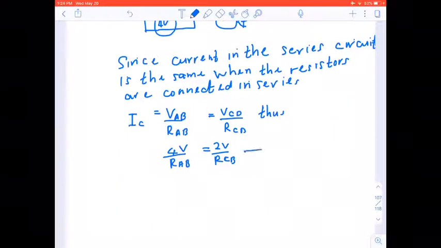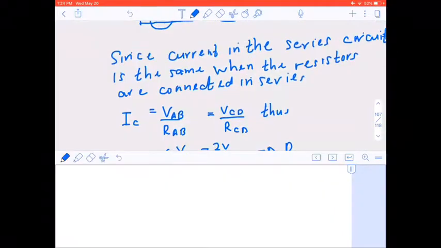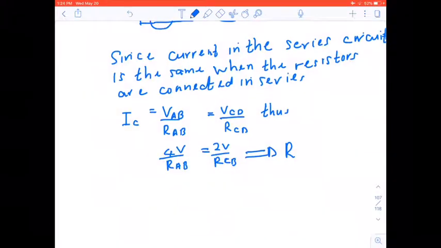Which implies that RAB, right, is equal to 2 times RCB.